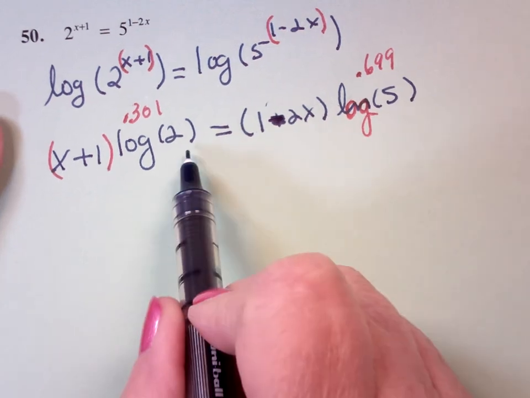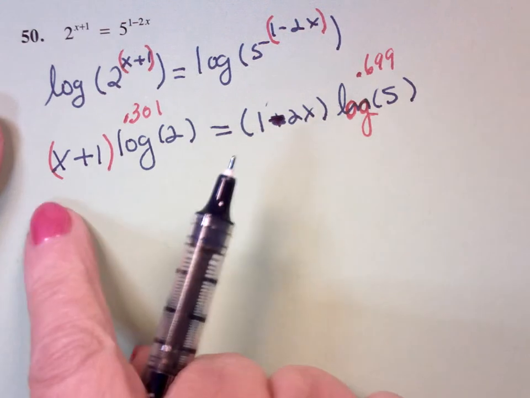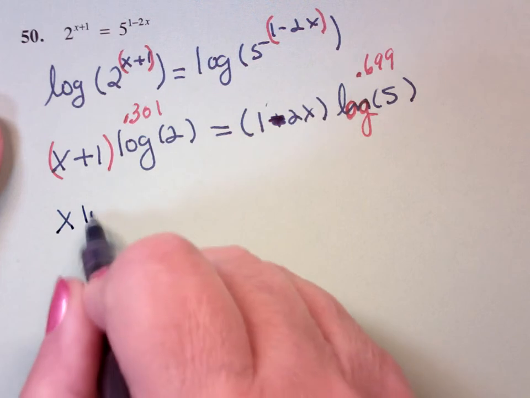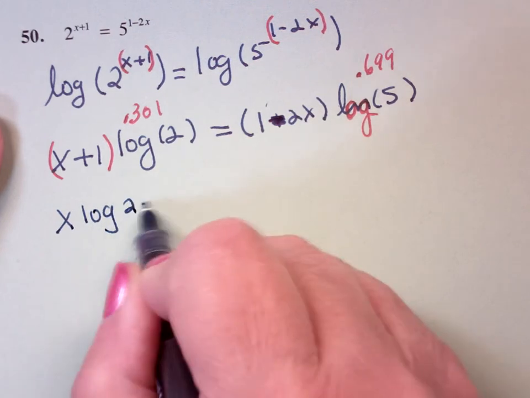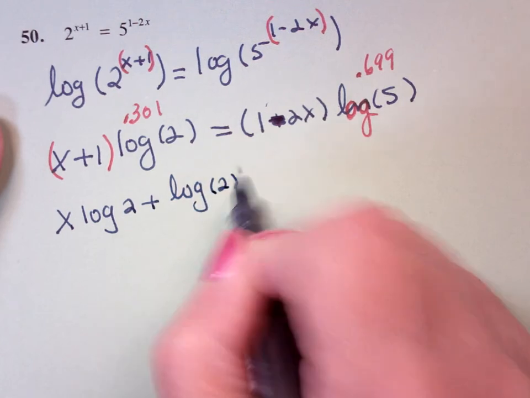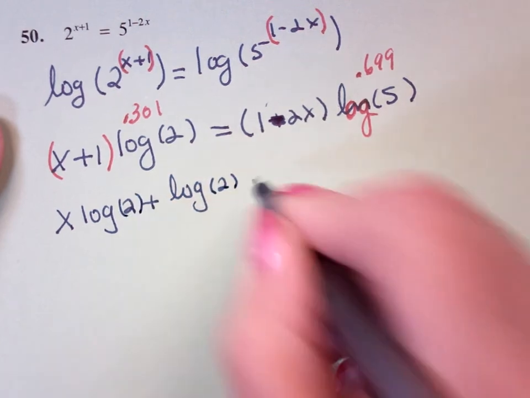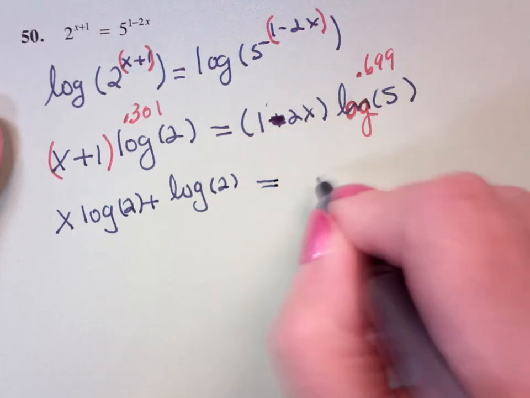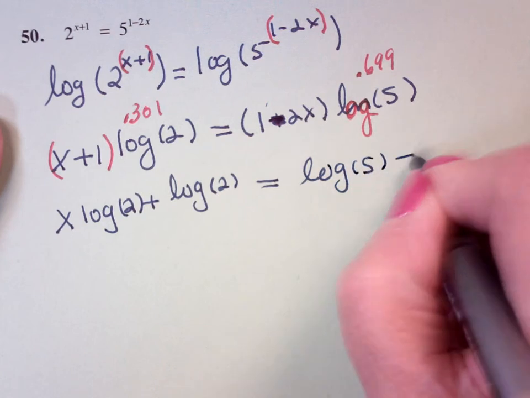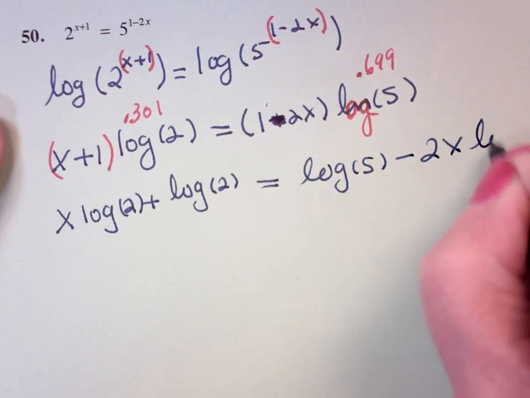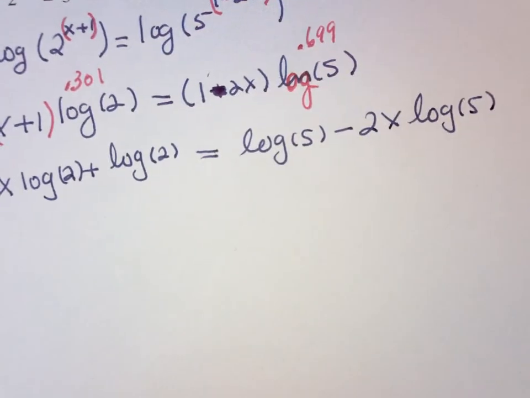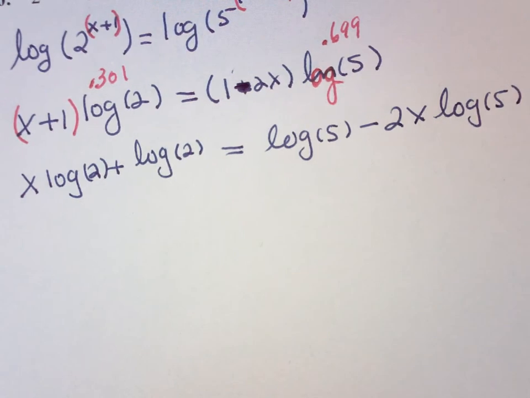So what would I do? Clear parentheses, because x is in the parentheses. So multiply through by the log of 2, I will get x log of 2 plus 1 times the log of 2 equals log of 5, 1 times the log of 5, minus 2x times the log of 5. Then what do you have to do?